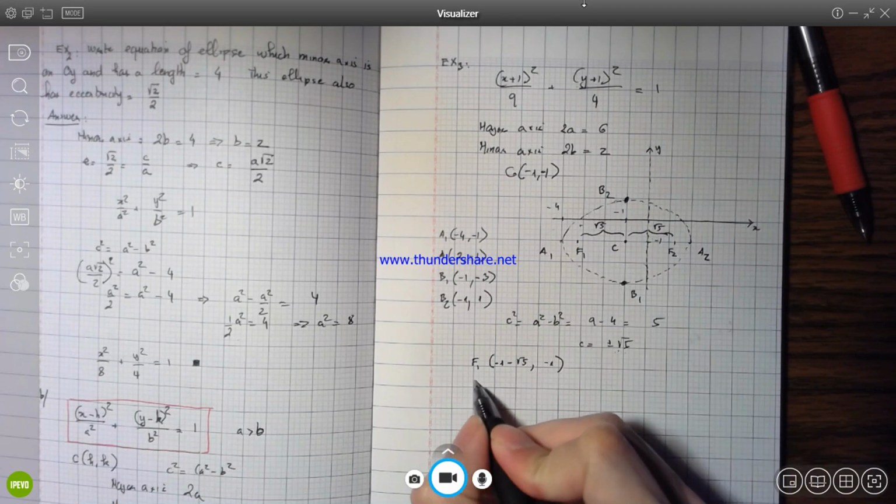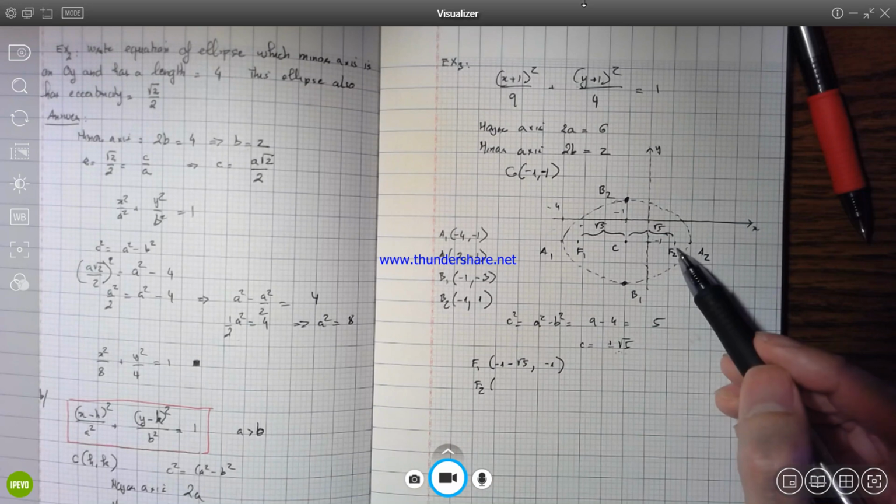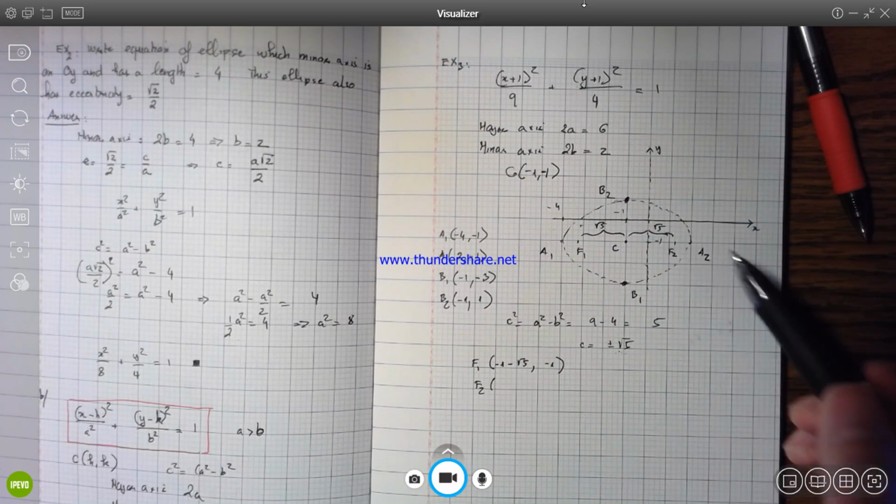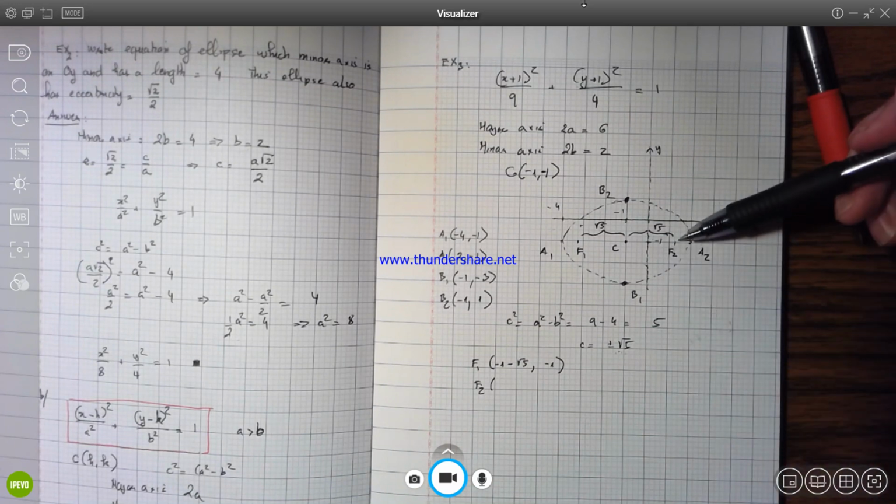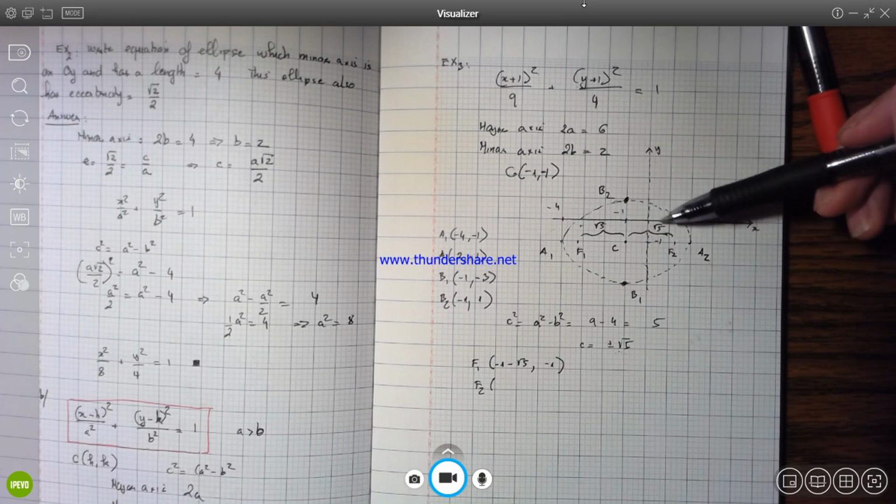Similarly, F2 will be what? The coordinate will be, because from here to here is square root of 5, but when we write coordinates, we start from the origin, right?